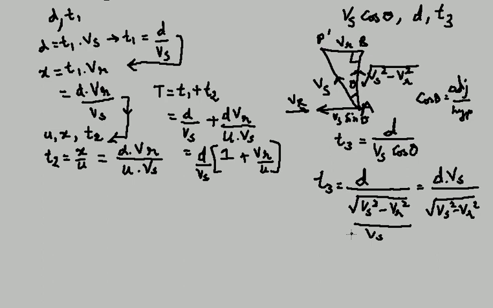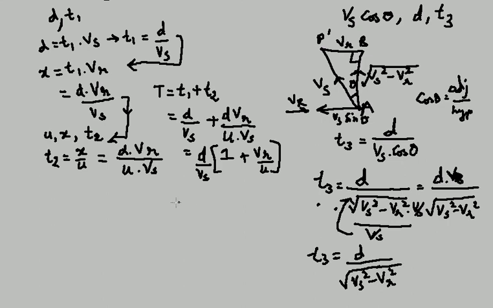Okay, something seems to be amiss. Oh, sorry, I missed this Vs component. I just added cos theta here. I forgot to multiply by Vs. So we'll have to multiply the denominator by Vs, which would result in this and this being cancelled. So T3 will be equal to d by root over Vs square minus Vr square.